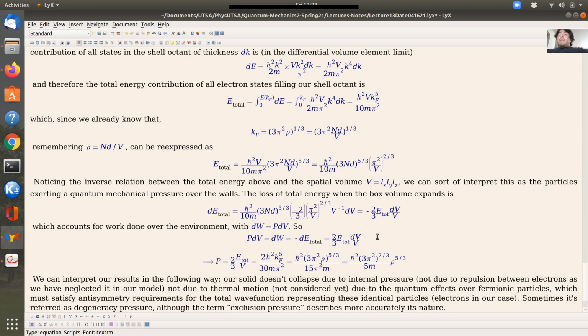And because we have the B on both sides, we can figure out the pressure, which is 2/3 of the total energy divided by the volume. And well, we can plug in this term over here, accounting for the 2/3 by B.